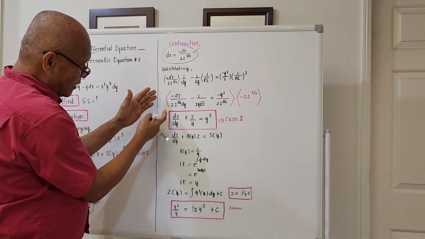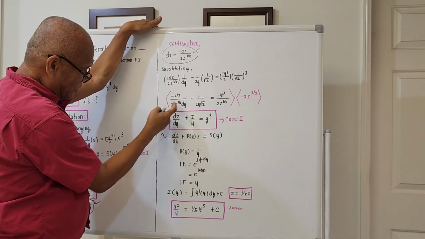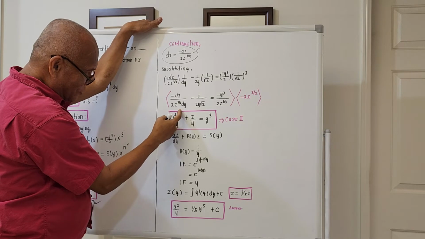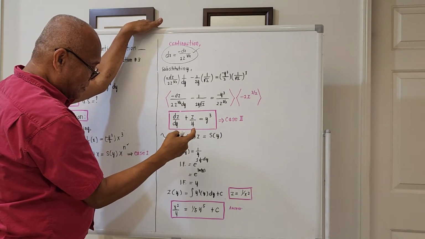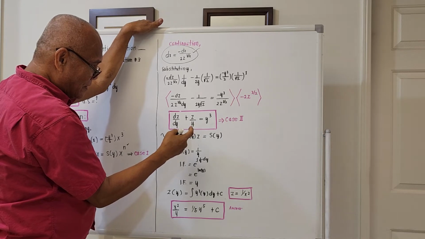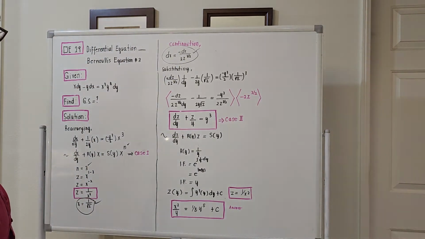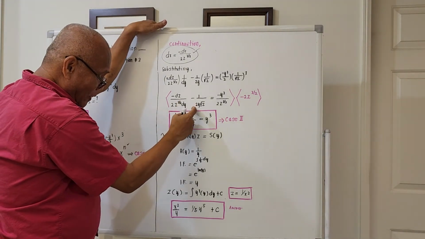We multiply this one. I just compress the first term, this should be minus dz plus 2z to the 3 halves times dy. dy is underneath, minus, okay, minus 1 over 2y, the square root of z.